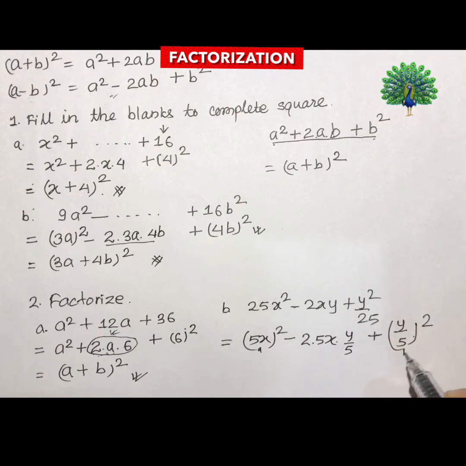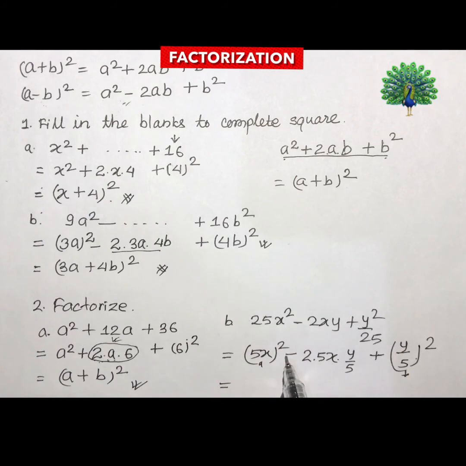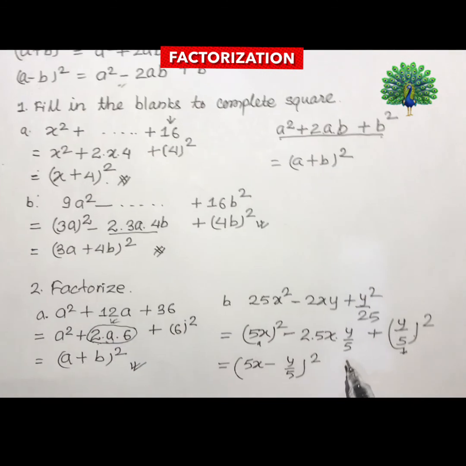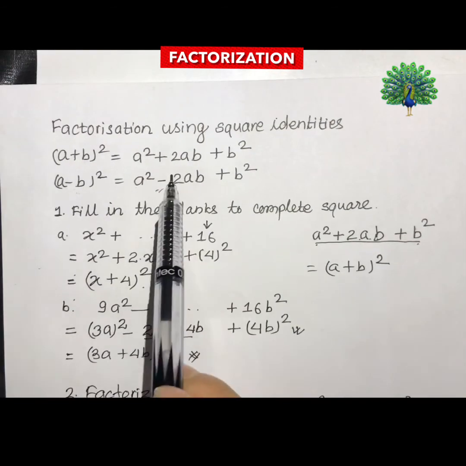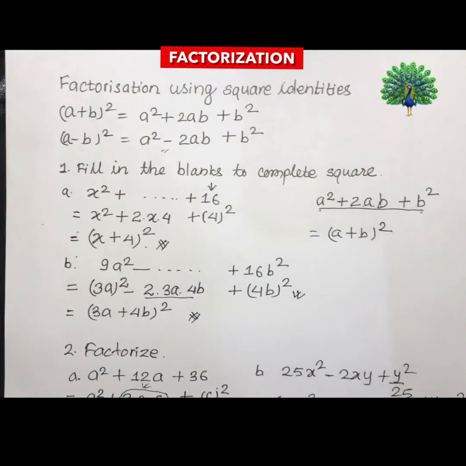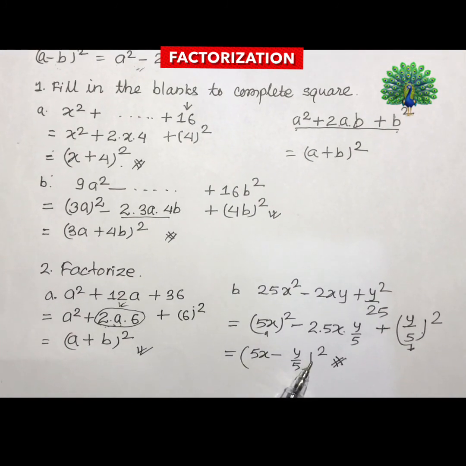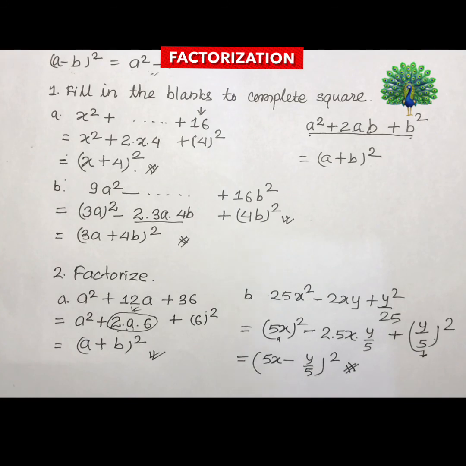This is a, this is b, and we have put here 2ab. Now which formula to use here, (a + b) whole square or (a − b) whole square? It has minus, so you have to use (a − b) whole square, where a is 5x and b is y by 5. This is the factorization using these two formulas or identities. This one is simple, you can do it easily. I hope you will find this video helpful. Thank you.